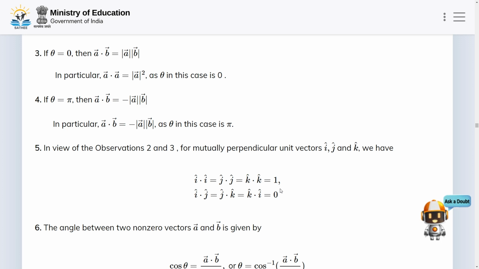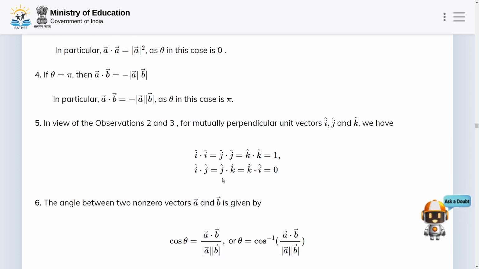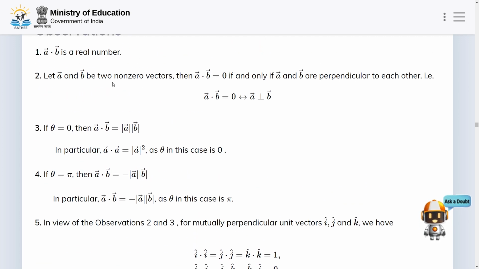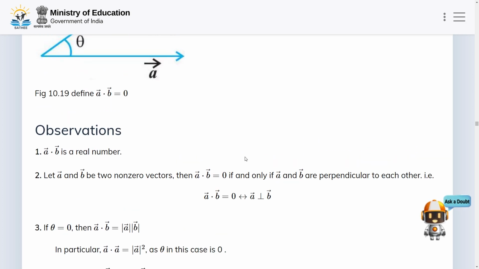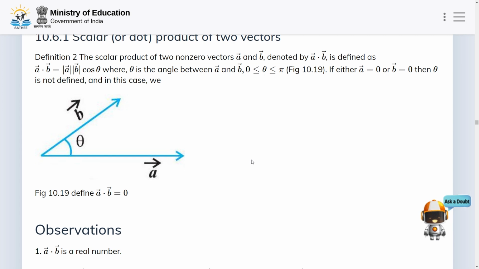In this case, i dot j, j dot k and k dot i will be 0. Why? As they are perpendicular, already written over here. When you have two vectors perpendicular to each other, their product will be 0. I hope it is clear.